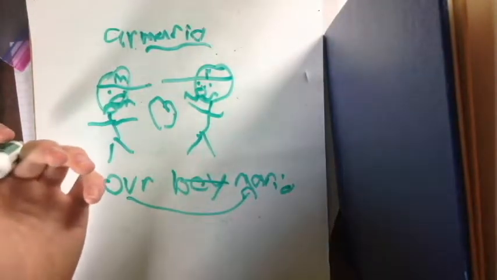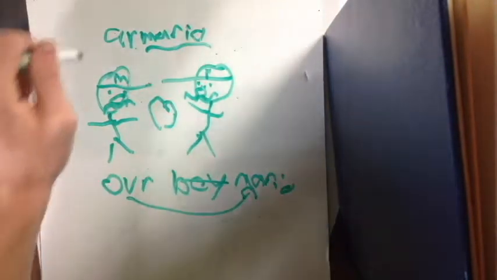Our boy Mario, without the boy, our Mario needs to come out of the closet and admit that he's in love with Waluigi. So, Mario needs to come out of the closet. Ha, that's pretty funny.